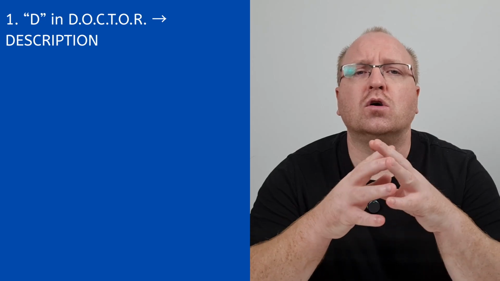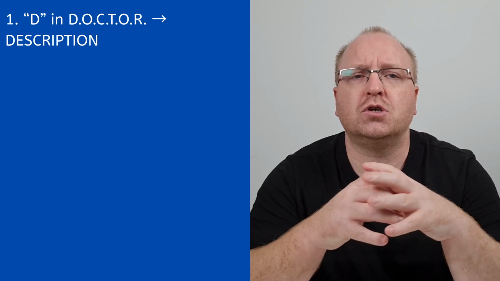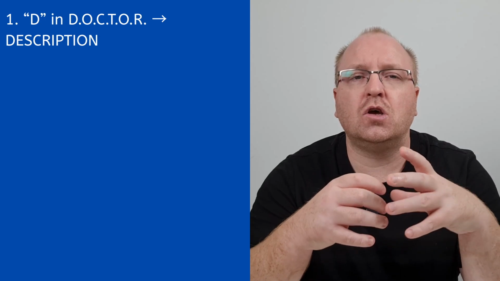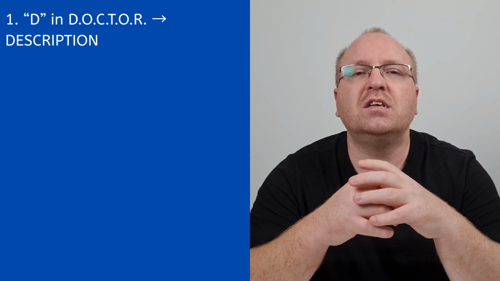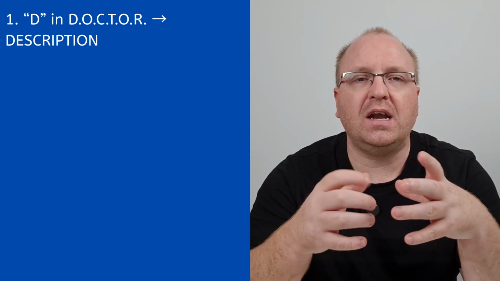So for the first use, we'll start with the D in D.O.C.T.O.R, which stands for description. We use ser to describe what something is, not how it is right now. In other words, we're talking about facts or qualities that don't really change, things that are seen as permanent or defining.